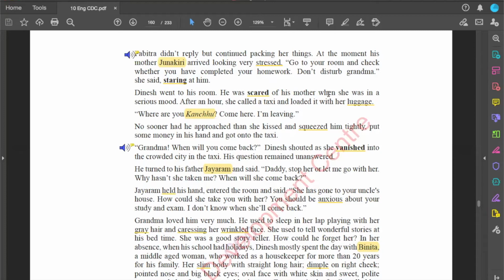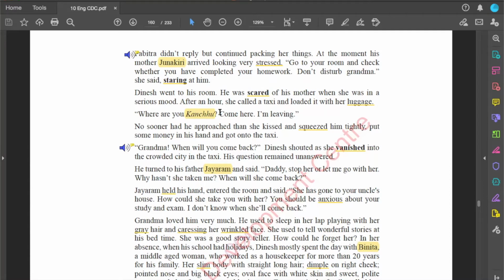So when she was in her bad temper or in her serious mood, he would not debate or argue anything else, he would simply listen to her and would do as per the instruction. So he went to his room. He was scared of. Scared of meaning is afraid of. Okay, another word for afraid is scared of.